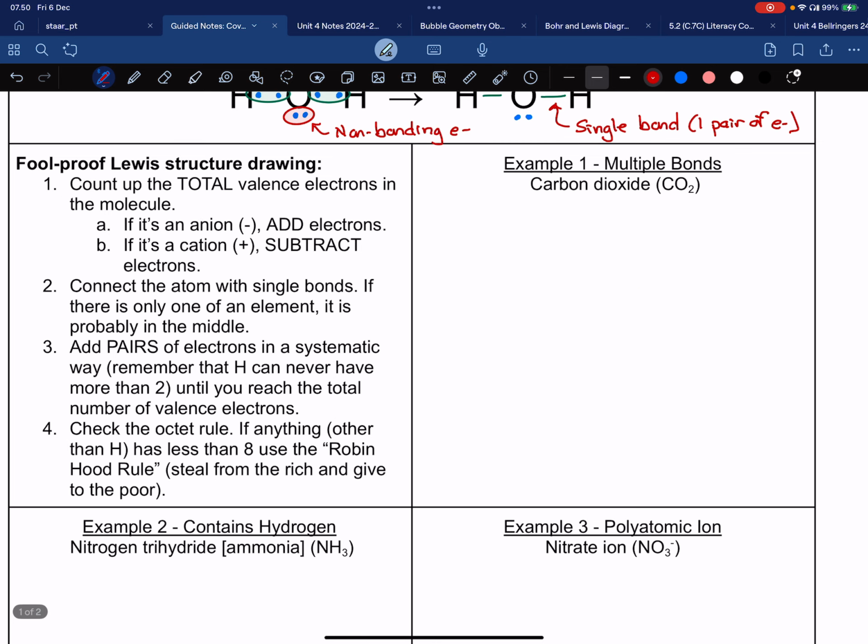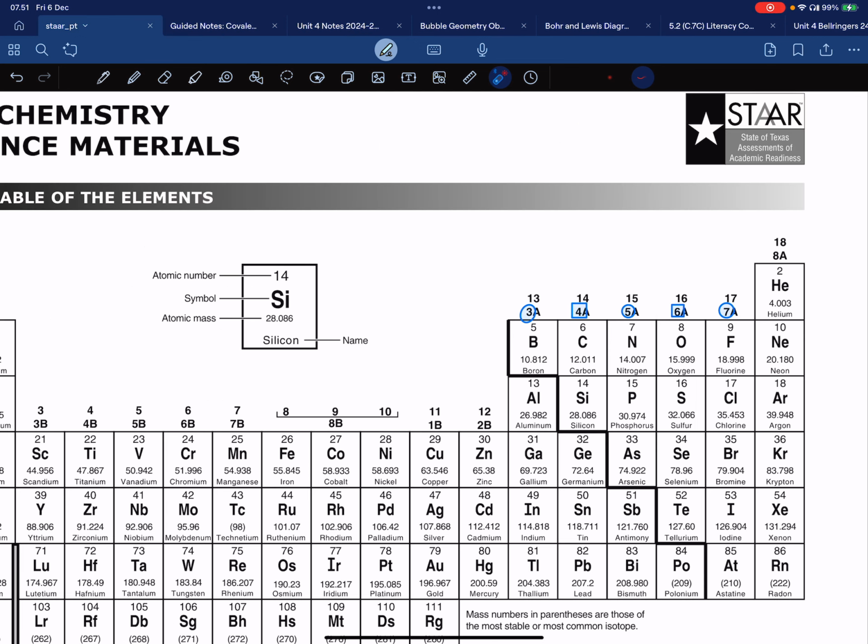Now, whenever you're going to draw a Lewis structure, you're going to need to count up the valence electrons. So the first thing you need to do is determine what atoms you have. For CO2, I've got carbon and I've got 2 oxygens. Carbon is going to have 4 valence electrons.